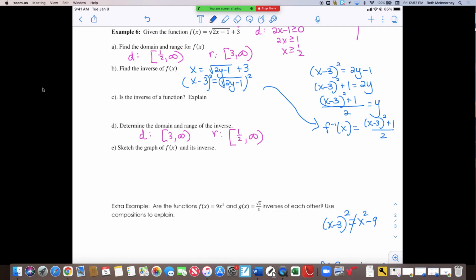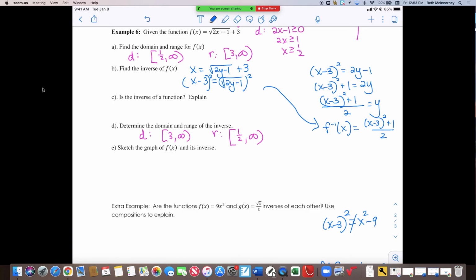So this is why it's so important that we did those transformations. This is really, really important, and I'm trying to go nice and slowly here. This domain is 3 to infinity, so I only have the right half of this parabola. And when we go to graph it, this will make a lot more sense.